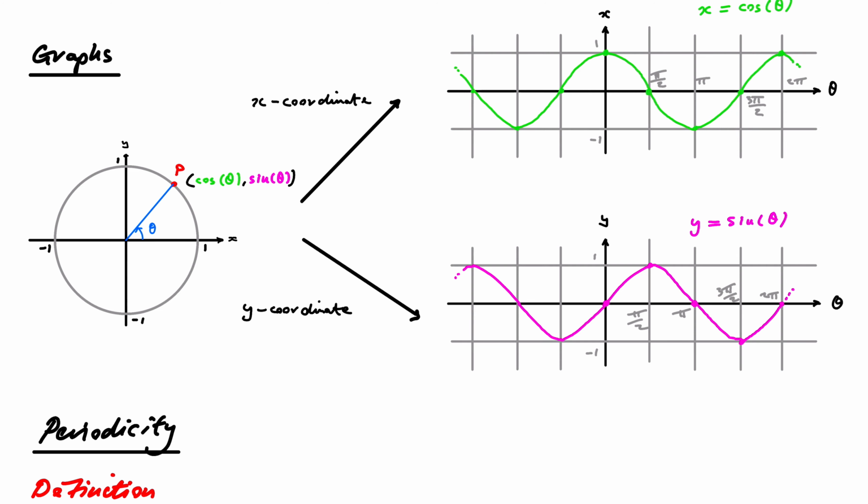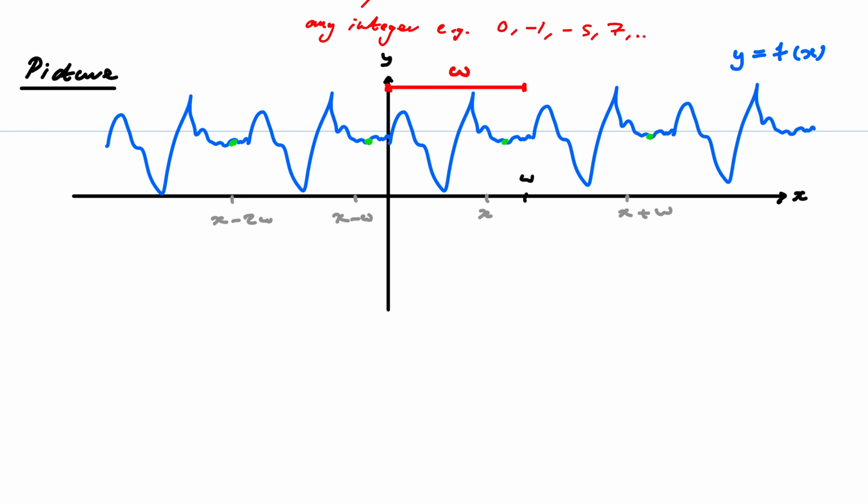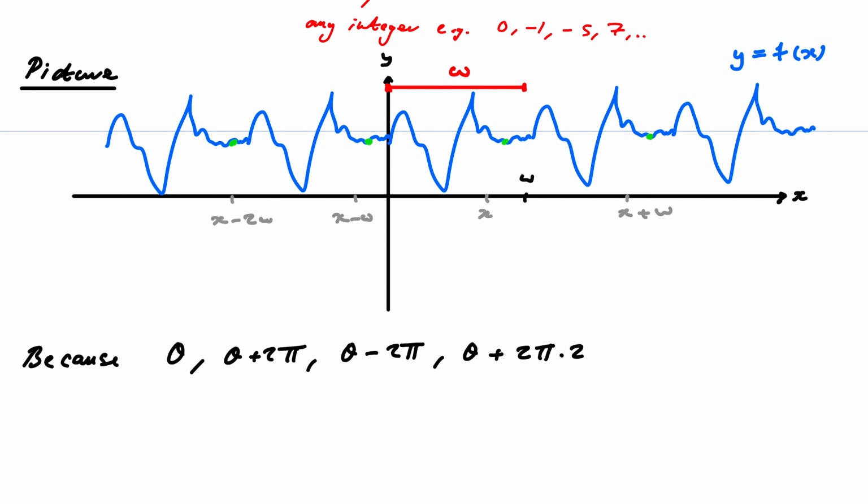So because of the fact, so again, let's give ourselves a little bit more room with this. So because theta plus 2 pi, theta minus 2 pi, theta plus 2 pi times 2, theta minus 2 pi times 2, all of these give the same position.